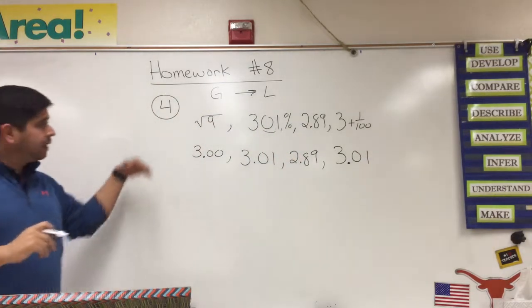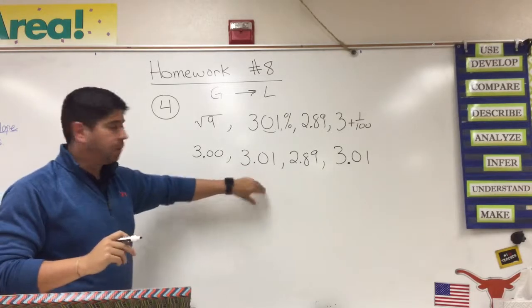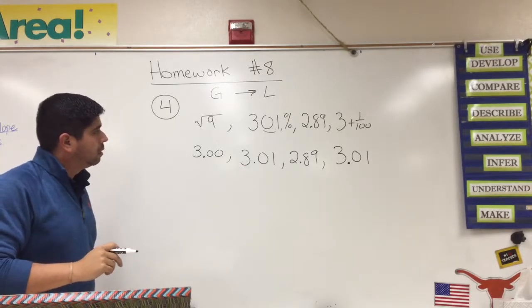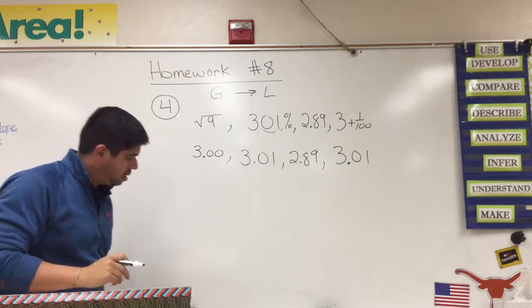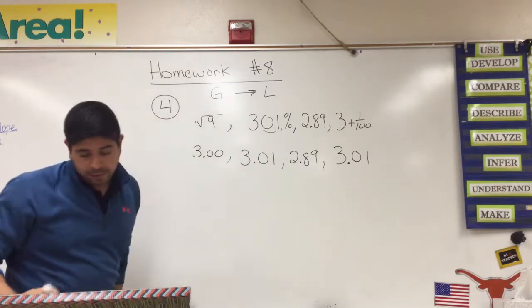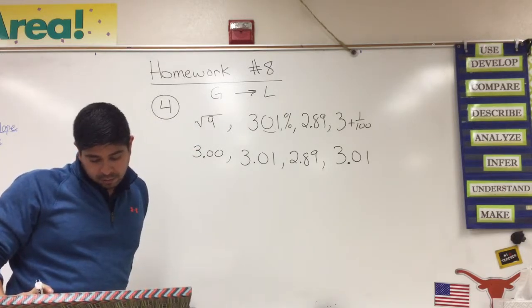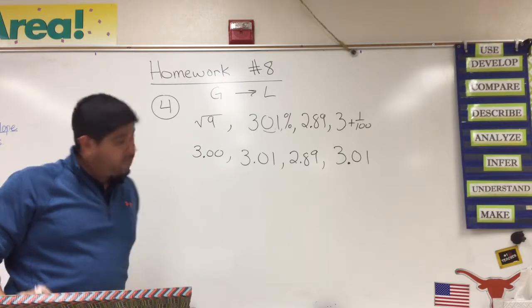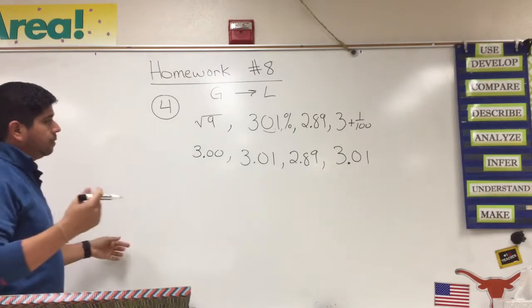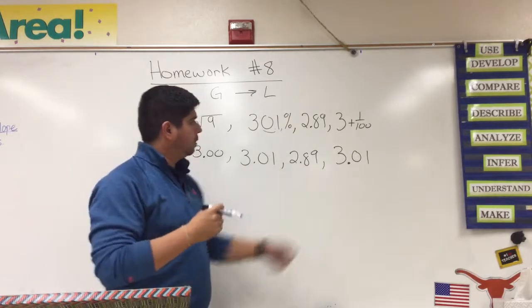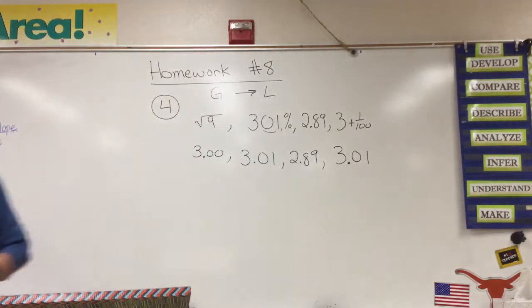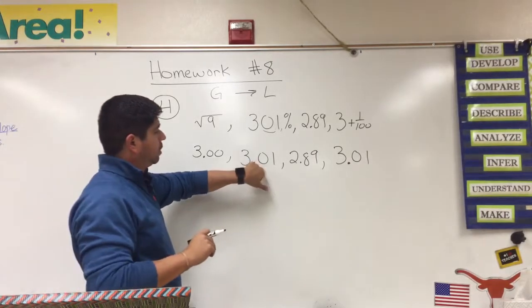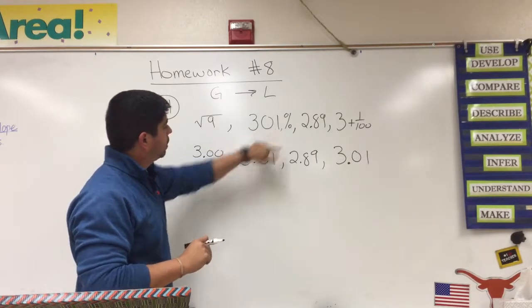So from greatest to least, I need to find out which one's the biggest number. Okay, this one's going to have 2. All right, so we have 2 that are the greatest, which is this one and this one, so I guess it doesn't matter. We'll put 301% first.